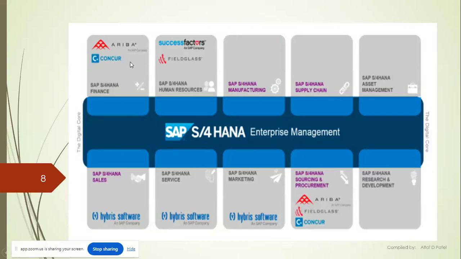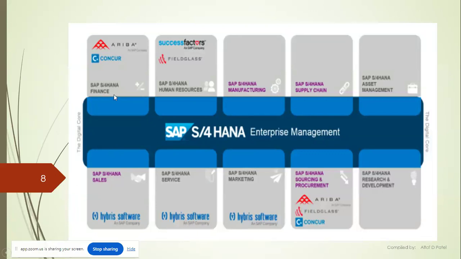They acquired a company called Ariba and Concur, and Ariba is a niche product of purchasing. SuccessFactors is a niche product of HR and manpower management, like that. So Hybris is one thing, Concur is another thing. Otherwise, the rest of the basic modules will remain the same.